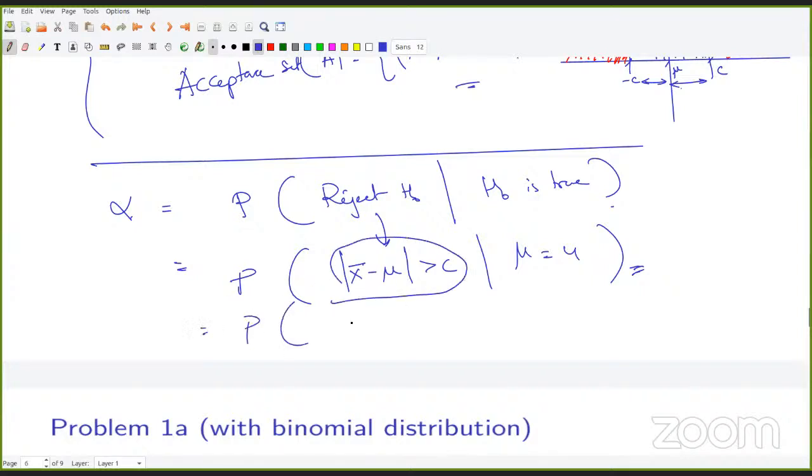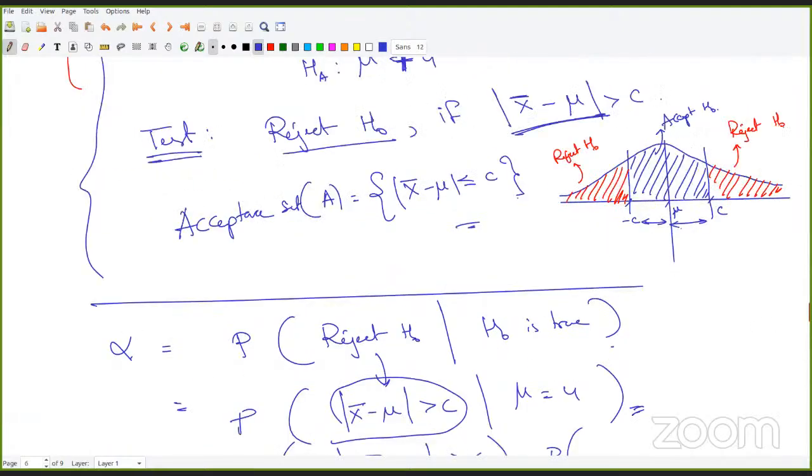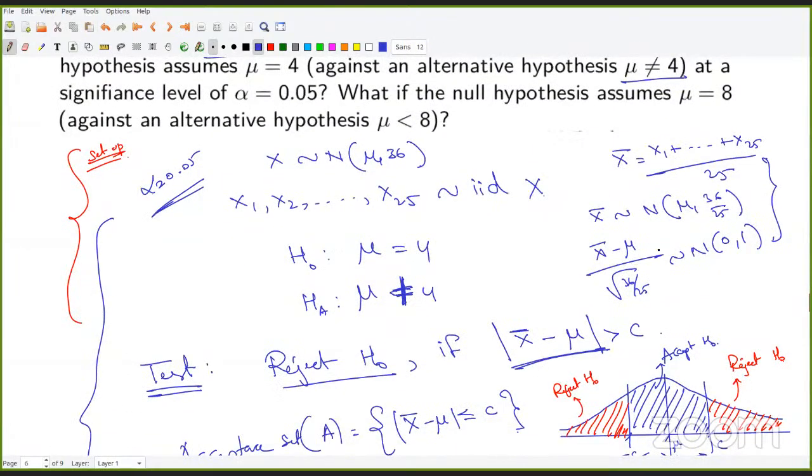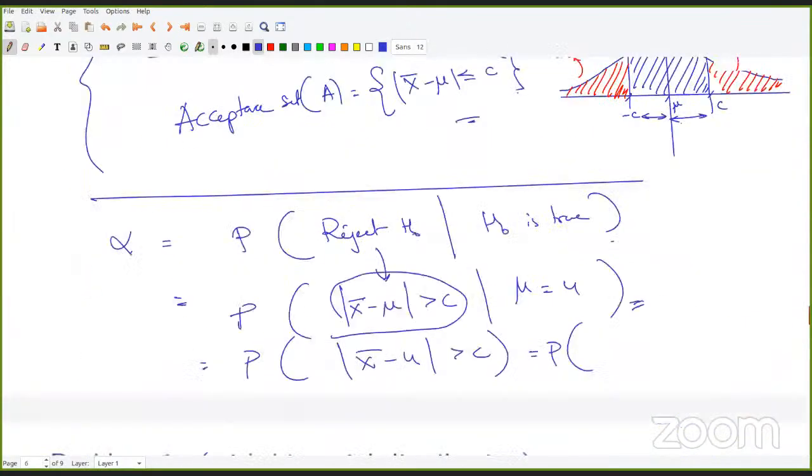So this is actually the probability that mod x bar minus 4 is greater than c. You no need to remove x bar also. You already have x bar minus 4 with you. You see here we need x bar minus mu, so x bar minus 4 by root over 36.